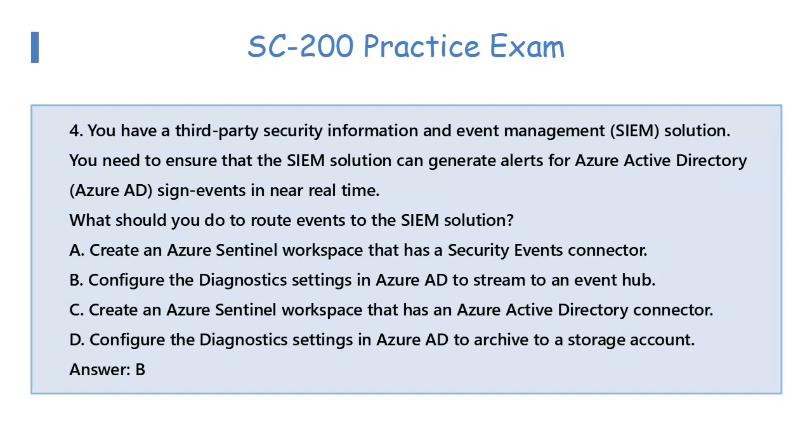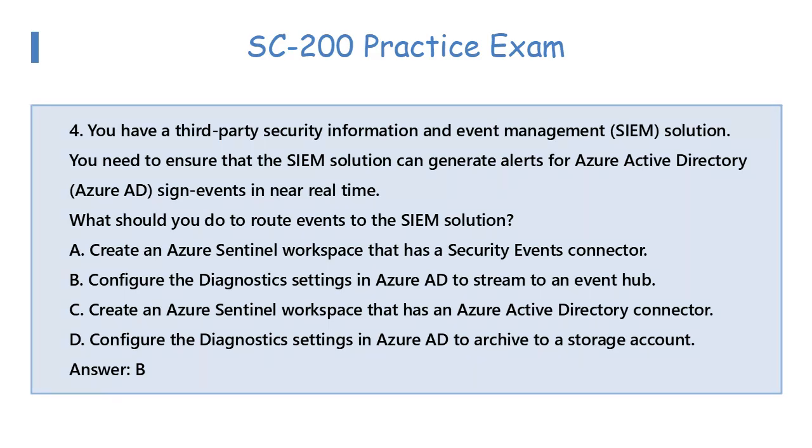4. You have a third-party security information and event management (SIEM) solution. You need to ensure that the SIEM solution can generate alerts for Azure Active Directory, Azure AD, sign-in events in near real time. What should you do to route events to the SIEM solution? A. Create an Azure Sentinel workspace that has a security events connector.